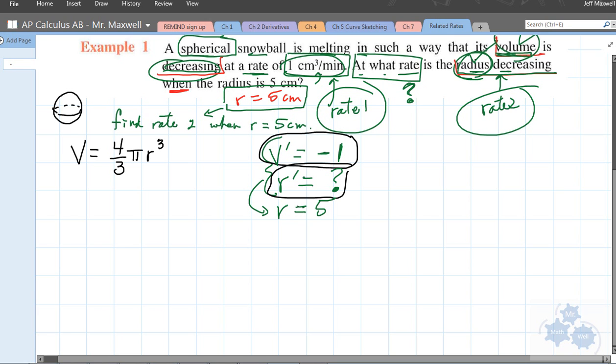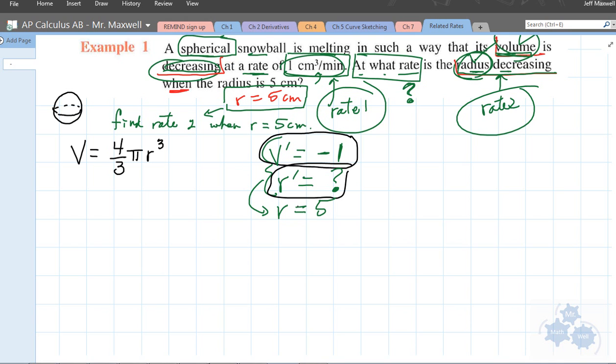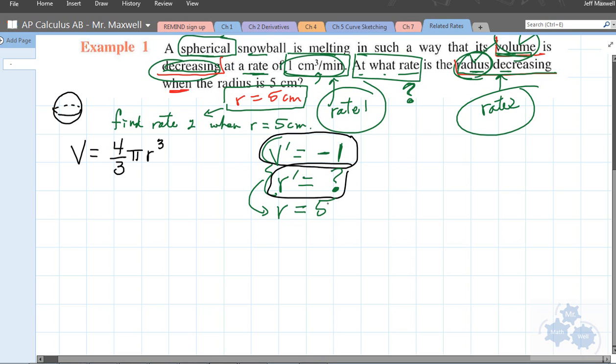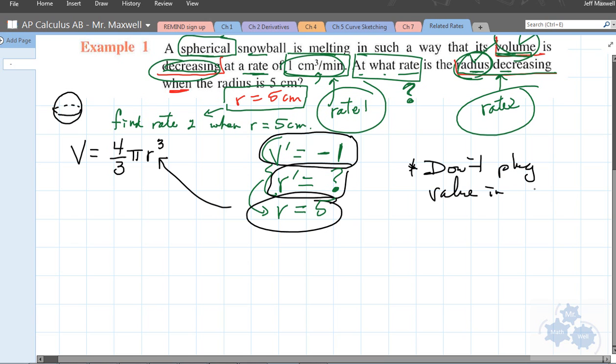So at that point in time, what is the rate? So do not plug this variable into the equation at the beginning. You cannot do that. Make a little note there: don't plug the value in at the beginning.